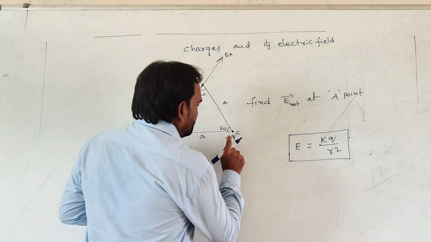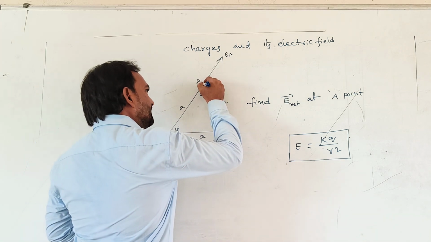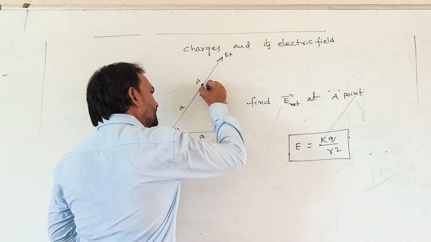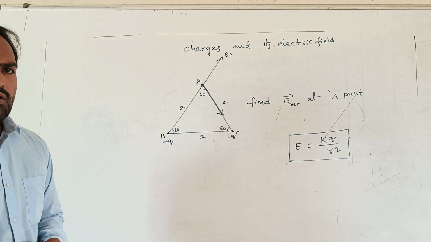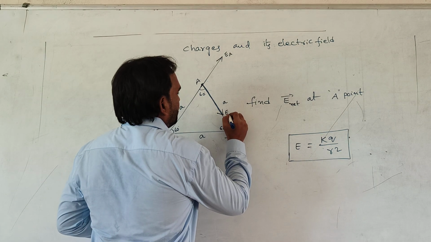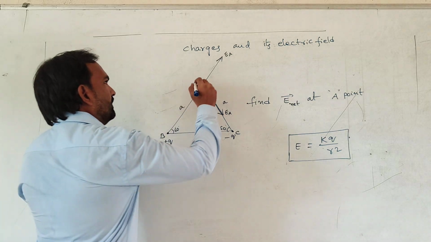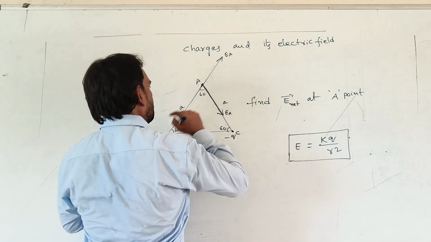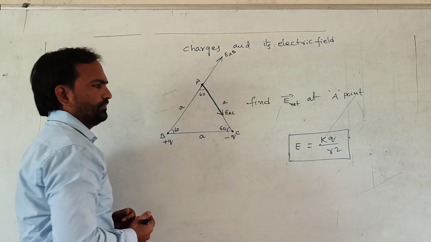And next, due to this minus Q charge, the electric field at point A is radially inward. So we have the electric field at point A due to B, and the electric field at point A due to C.